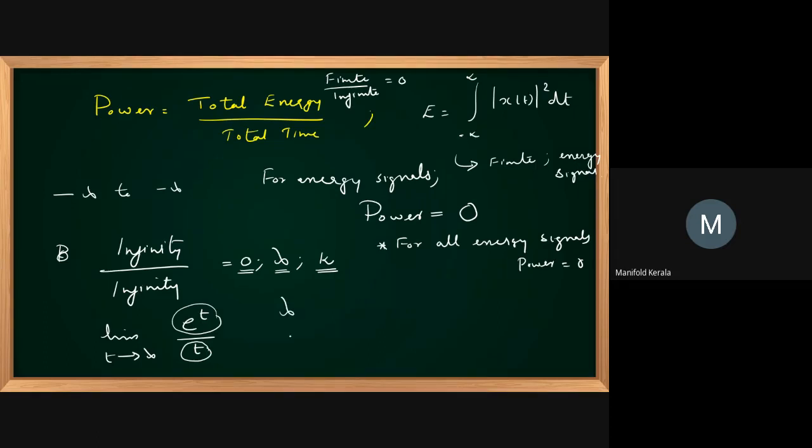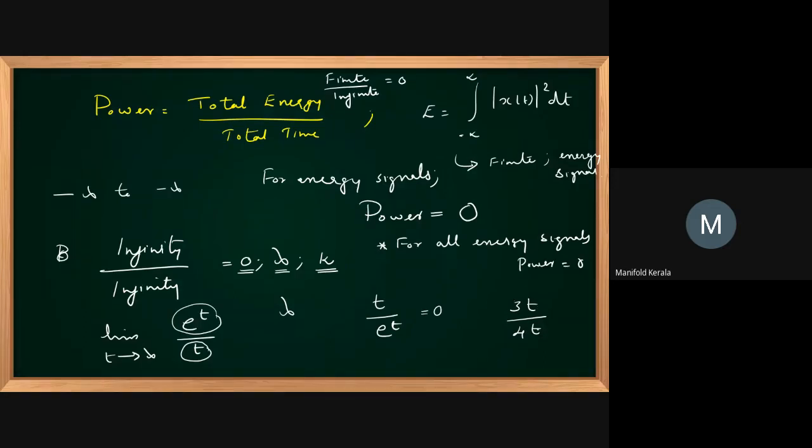Now, if the reverse happens, that is, if you consider t divided by e raised to t, here numerator is going to infinity linearly, but denominator is going to infinity at an infinite order, which means denominator is going to infinity at a faster rate. Naturally, the answer will be 0. Now you can have another case where numerator and denominator are going to infinity at the same rate.